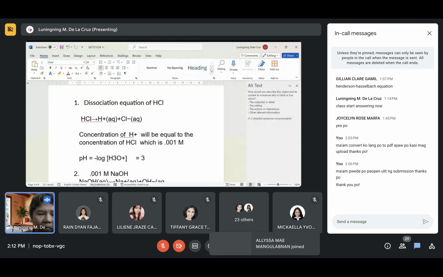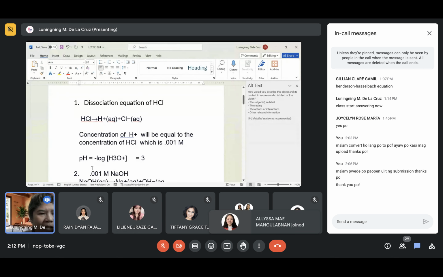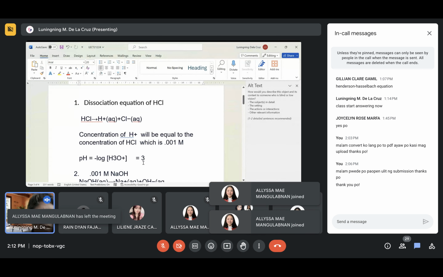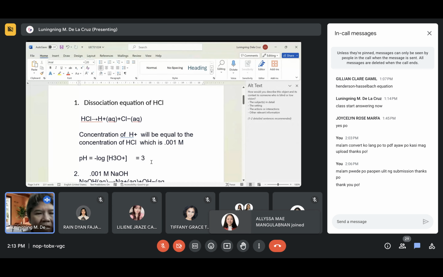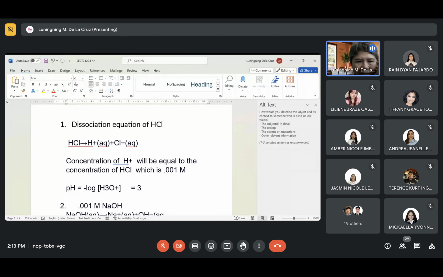Using the equation pH is equal to negative log H3O plus, the pH will be 3. Did you get this answer? Please raise your hand so that I can see. Okay, thank you. So, that is for the first problem.